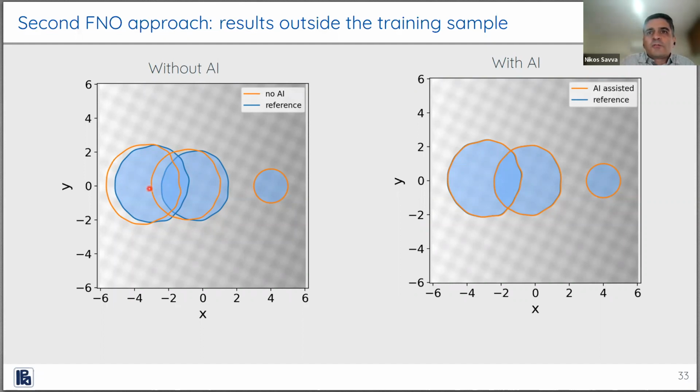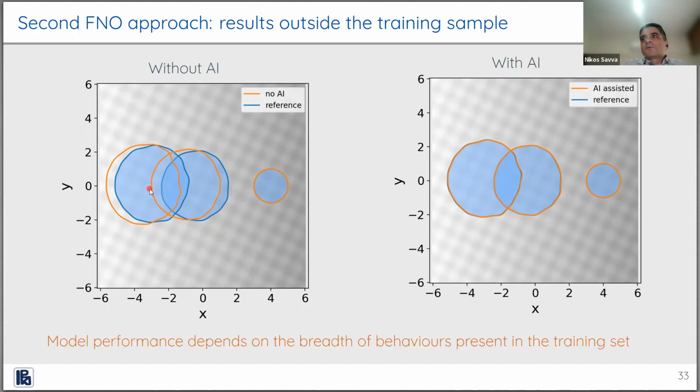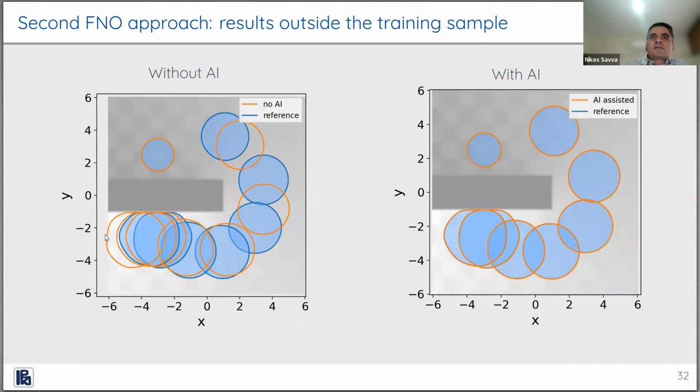The important thing to note here is that how well this model performs is crucial on what kind of situations it sees, so the variety of behaviors that are present in the training set. For example, if the training set does not see a droplet that makes long excursions from its initial position, it may undermine the effect of the centroid motion in the dynamics.